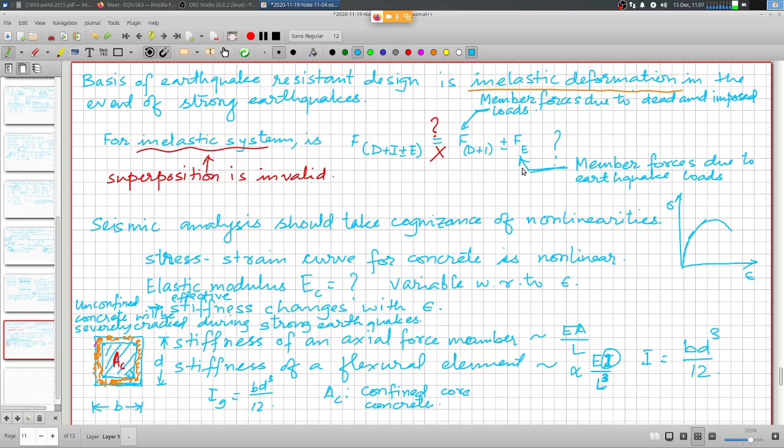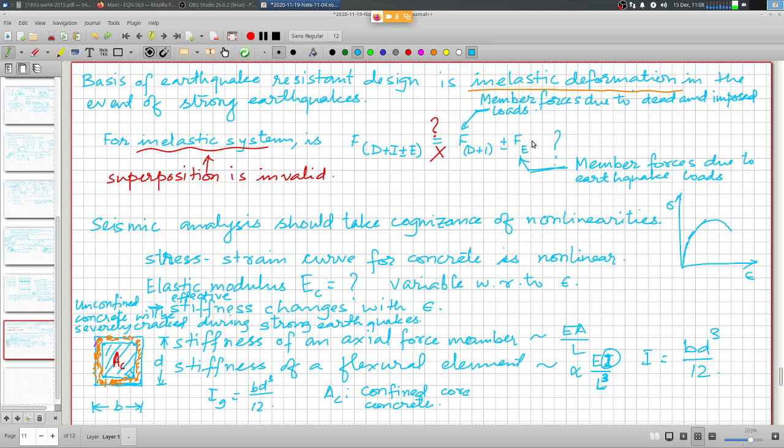And therefore the seismic analysis would be based on reduced properties, and therefore you will also find that the partial factors of load combination are reduced whenever the earthquake load is considered.